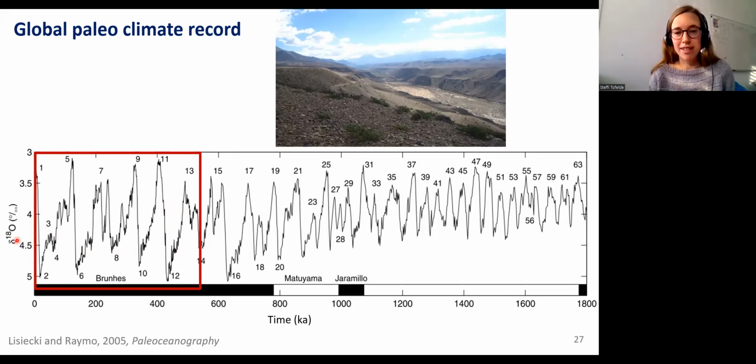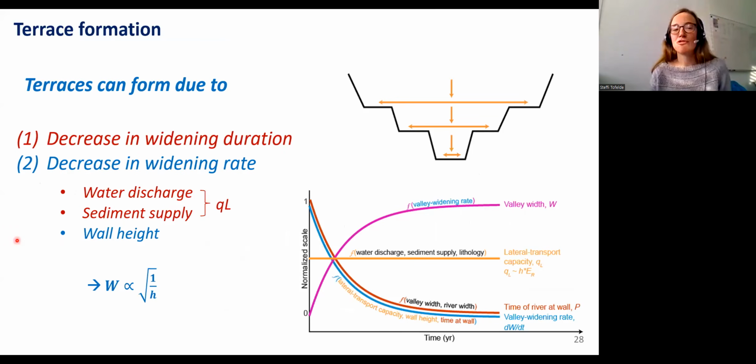Because of that, we think it's rather unlikely that this terrace sequence was formed due to a decrease in widening duration or due to a long-term decrease in water discharge or sediment supply. So we think that such a setup is a quite nice site to test this hypothesis of whether the wall height potentially plays a role here.